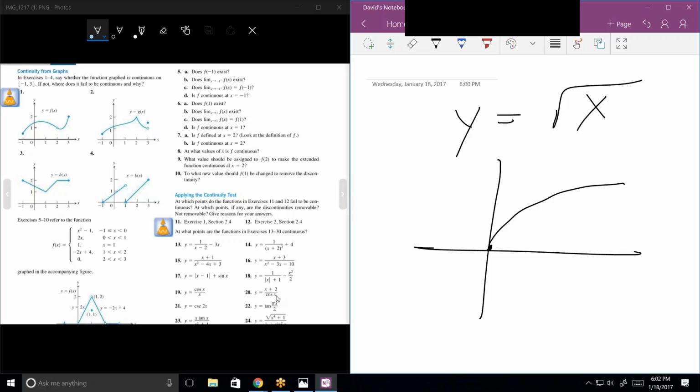The answer is not x can't be 0, because the cosine of 0 is 1. So there are no problems at all on number 20 with x being 0. It just can't be pi over 2 because the cosine of pi over 2 is 0. So that's the main thing to remember: you cannot divide by 0, you can't take the square roots of negative numbers, things like that.